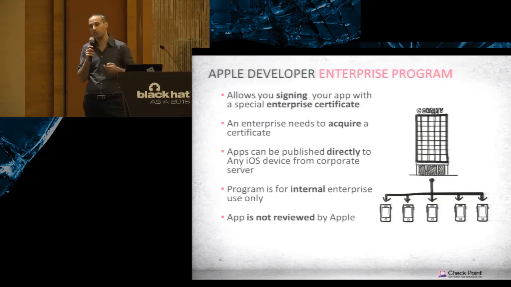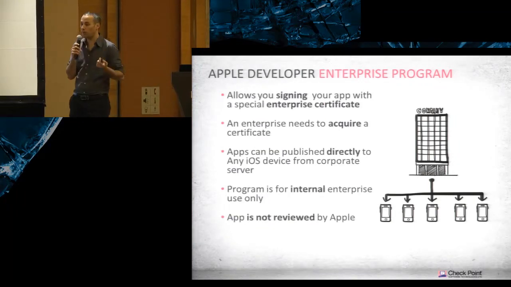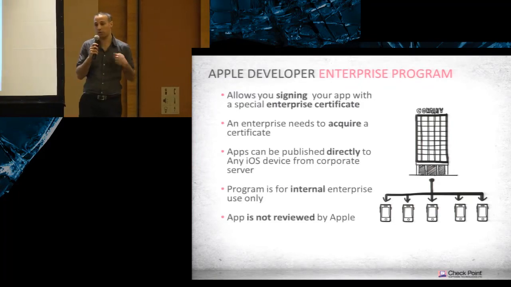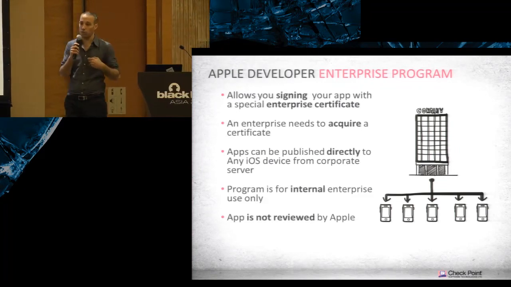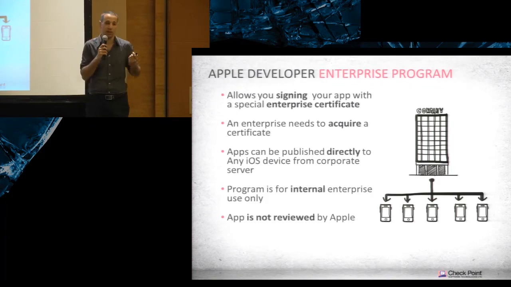This is a flow that allows any enterprise developer to develop an app and sign it with a special enterprise certificate. Purchasing this certificate is a pretty straightforward process. You need to have a DUNS number, which is quite simple.